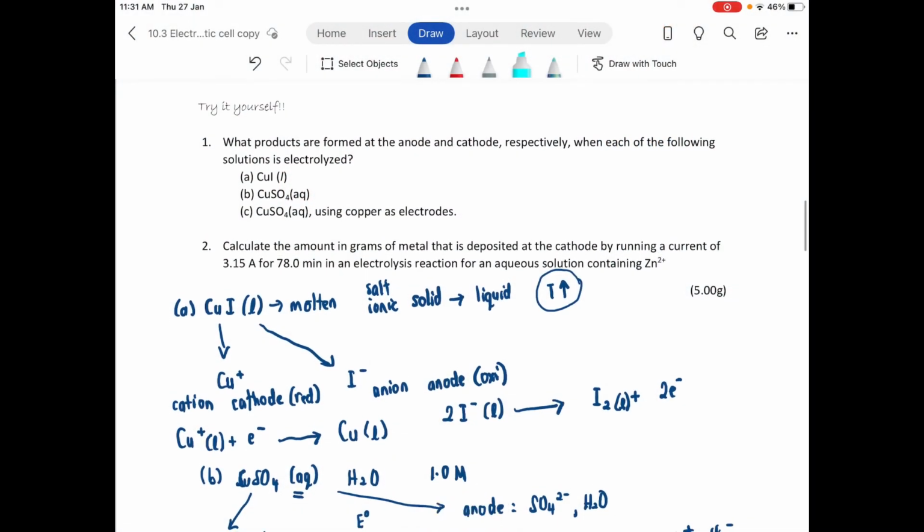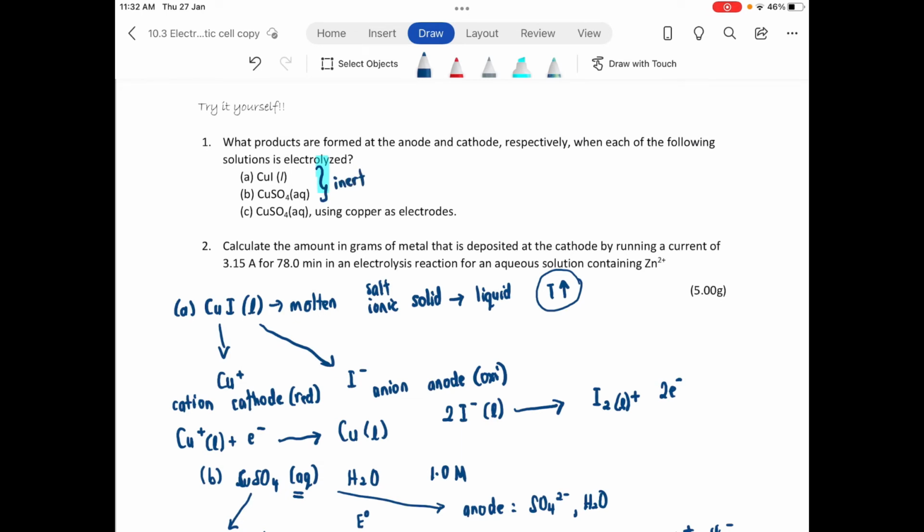Okay, last kali kita punya question ialah copper sulfate juga, tapi using copper as electrode. Okay, so bila kita punya electrode tu tak dibagi tahu apa-apa, bila dia tak bagi tahu apa-apa, maksudnya itu ialah inert electrode lah.